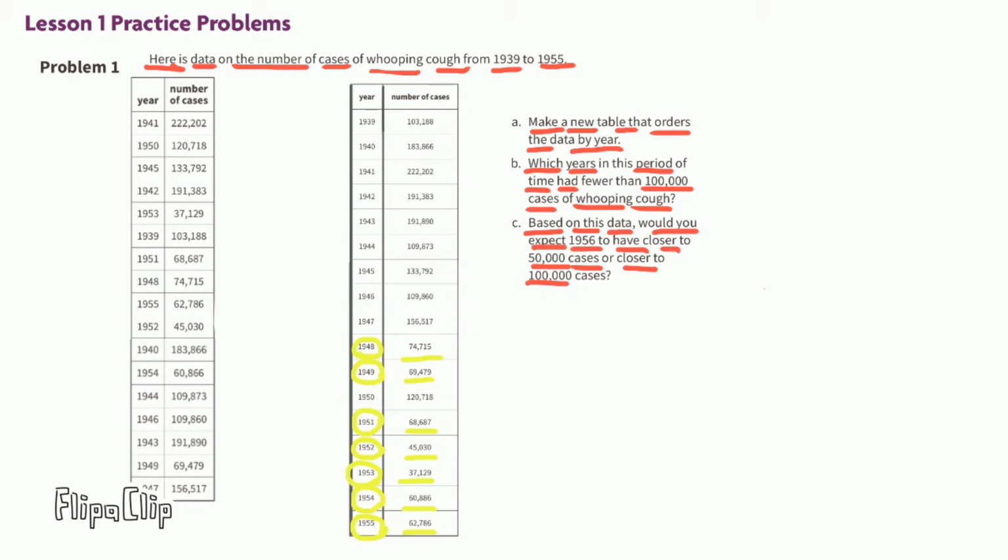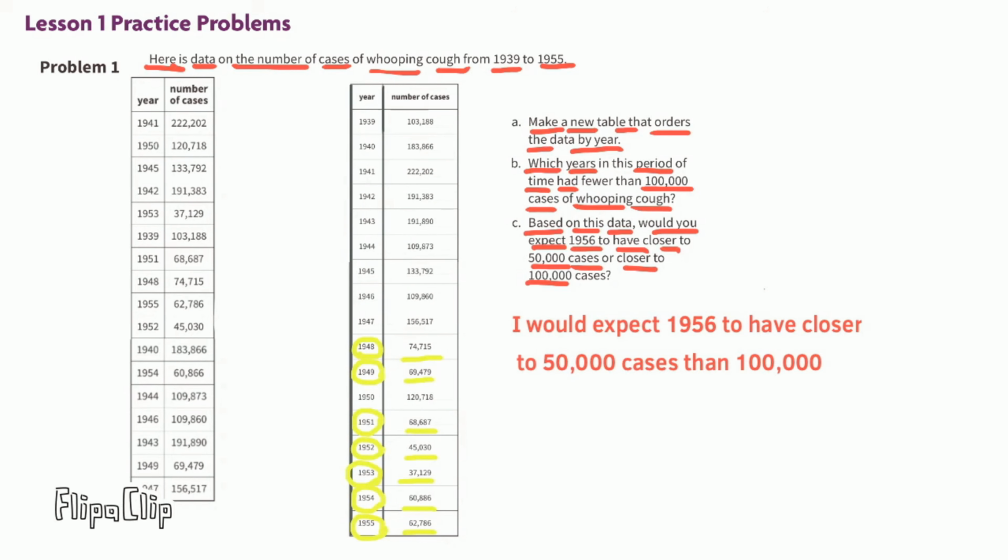C. Based on this data, would you expect 1956 to have closer to 50,000 cases or closer to 100,000 cases? By looking at the data, I can see the number of cases decreases over time. So I would expect that 1956 would most likely have closer to 50,000 cases than 100,000 cases.